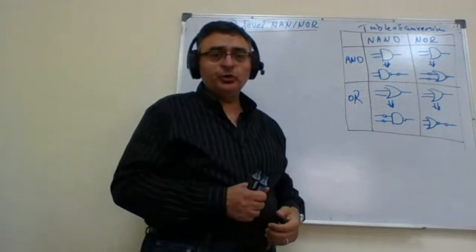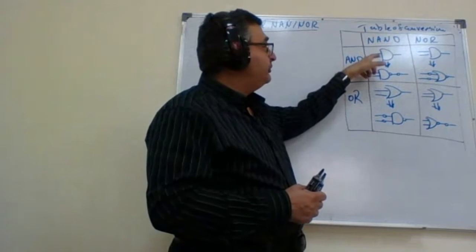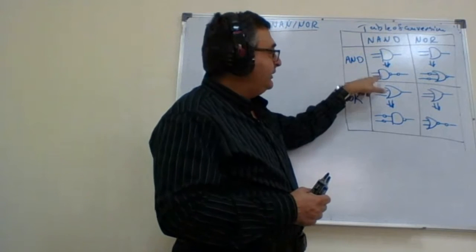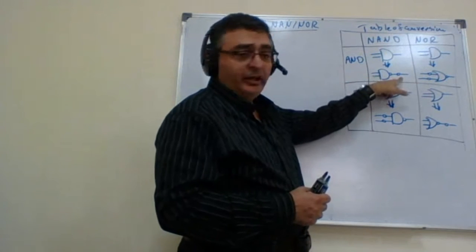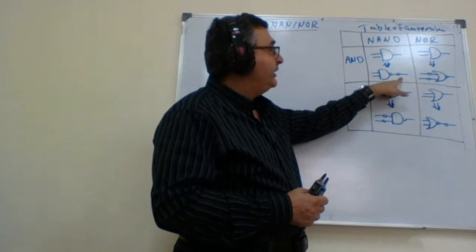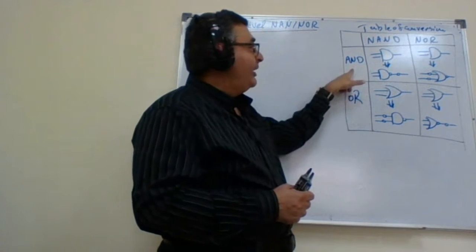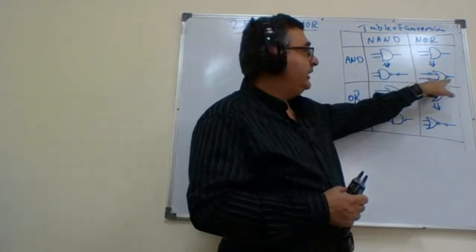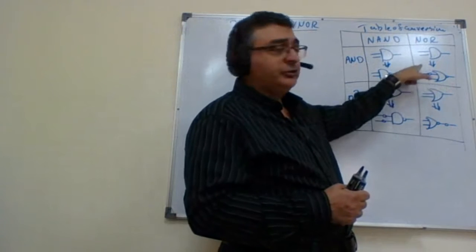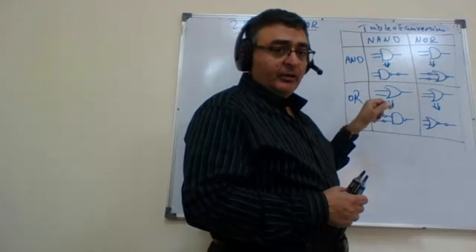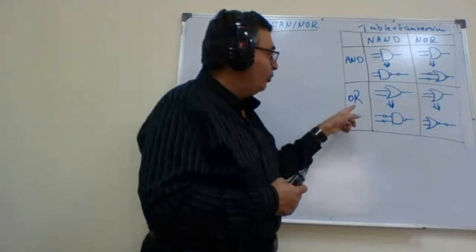So just to review, in order to convert an AND to a NAND, I need a NAND followed by an inverter. While if I need the conversion from AND to a NOR, I need a NOR and two inverters at the inputs. The vice versa for the OR.